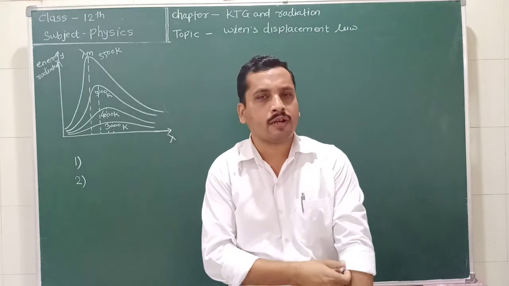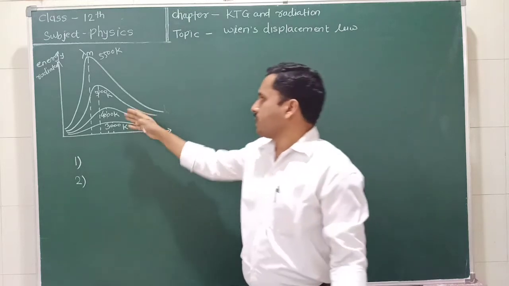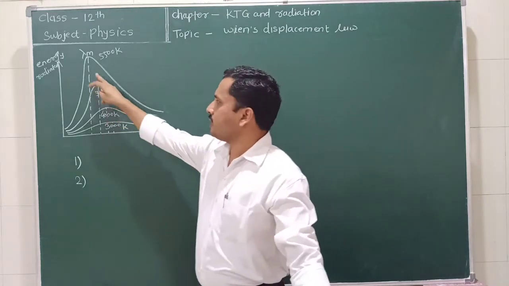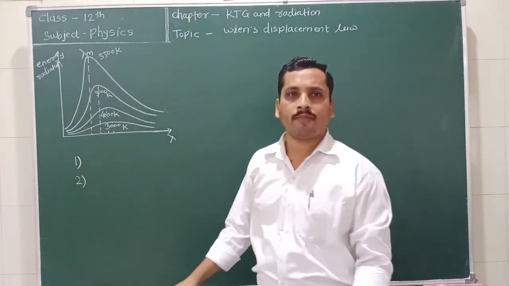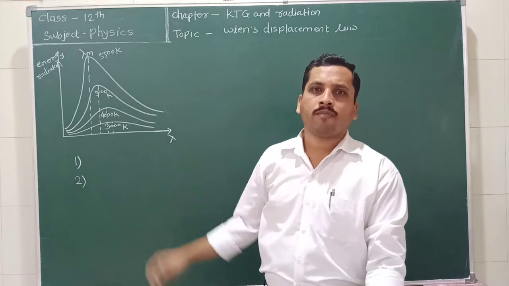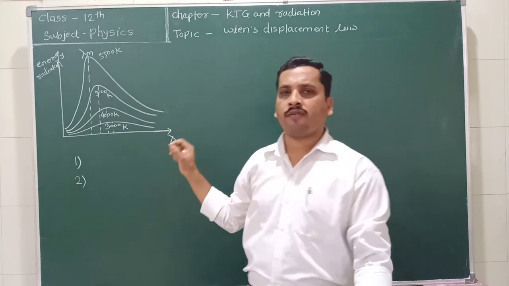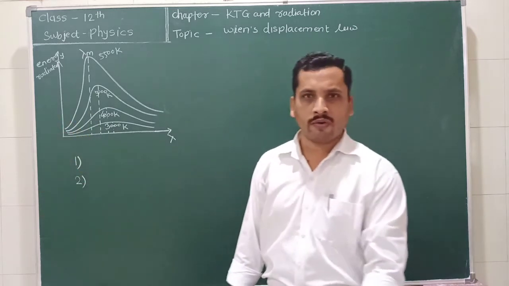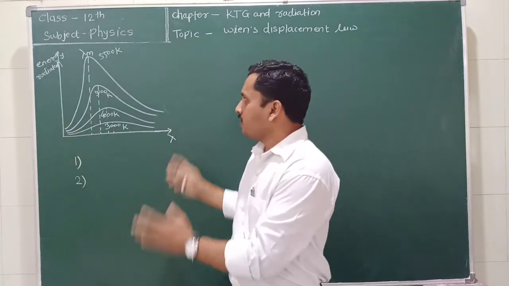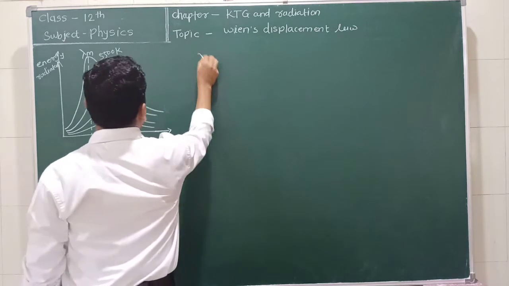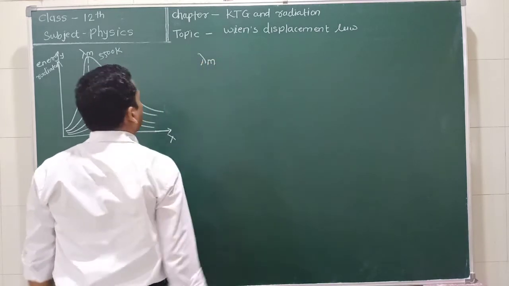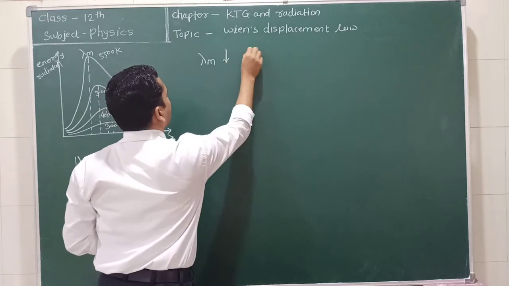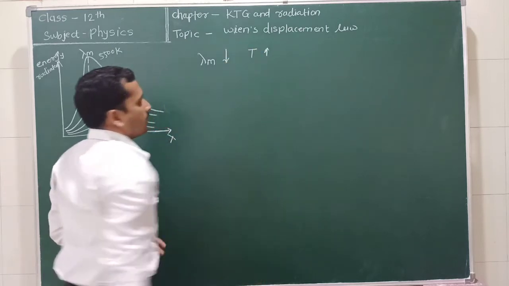What is Wien's displacement law? In this graph, we studied that as the temperature increases, lambda m, the wavelength for which the heat radiation has maximum intensity, shifts towards the shorter wavelength. So we can say that the value of lambda m decreases as the absolute temperature goes on increasing.